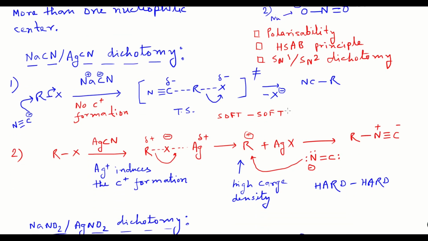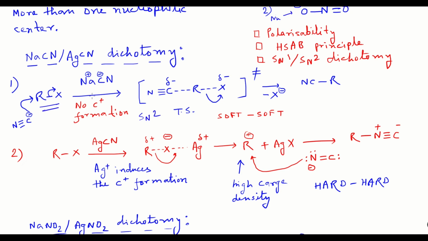First we will discuss the sodium cyanide silver cyanide dichotomy. Suppose we have an alkyl halide which can go through both the substitution mechanisms SN1 and SN2. If we treat this alkyl halide with sodium cyanide, then obviously the reaction will proceed through the SN2 pathway.